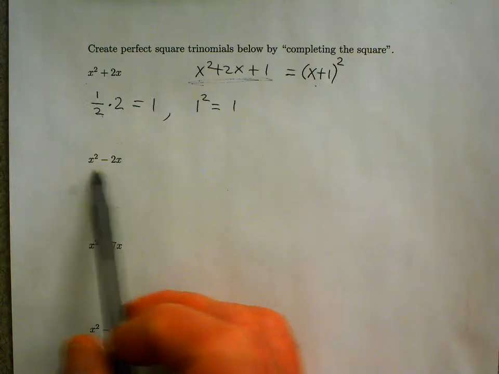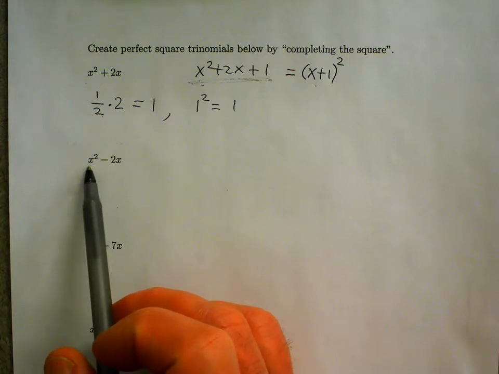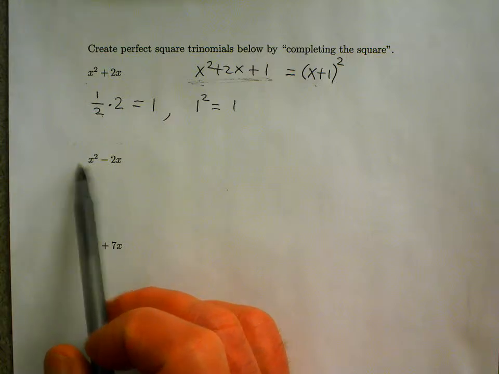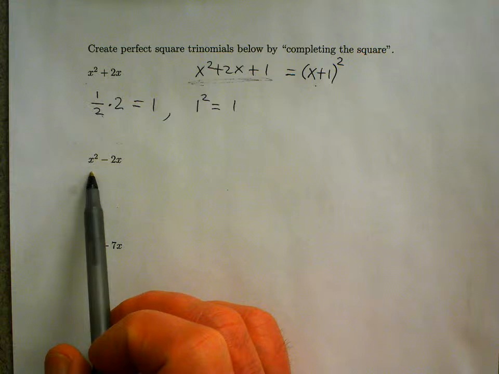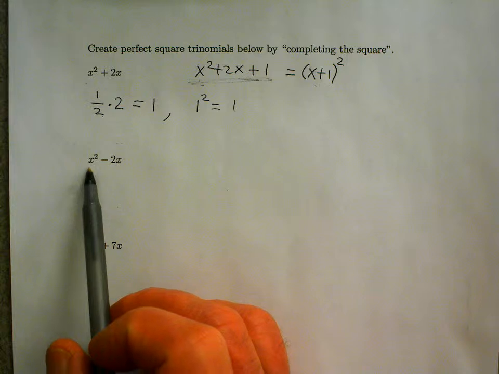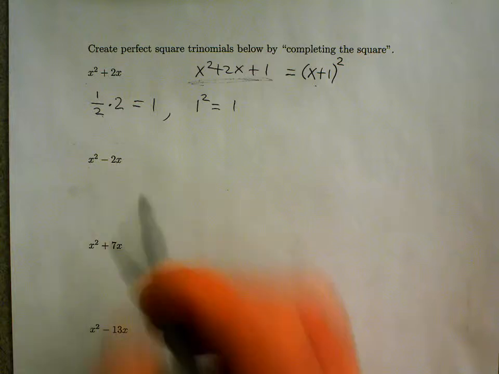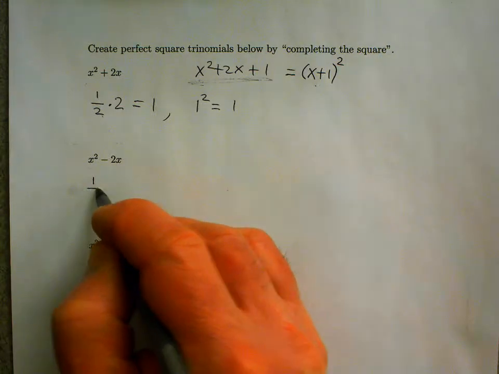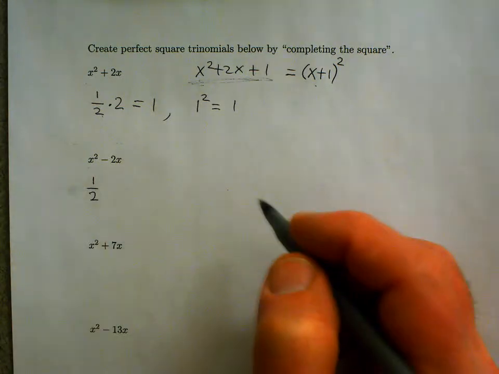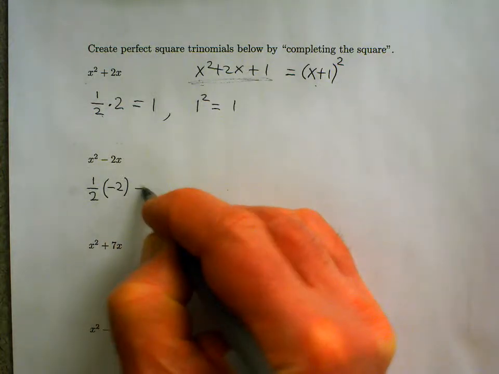Okay, the next example. To create a perfect square trinomial out of this, first note the coefficient of x squared is 1. So make sure you absorb that. Then we take 1/2 of the coefficient of x. This time the coefficient of x is -2, so we take 1/2 of -2, which is -1.